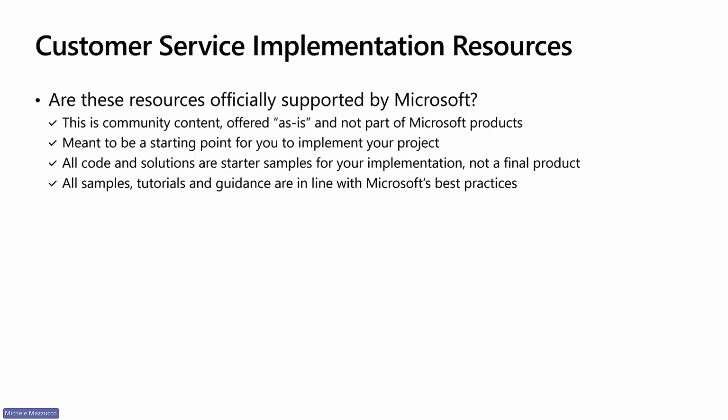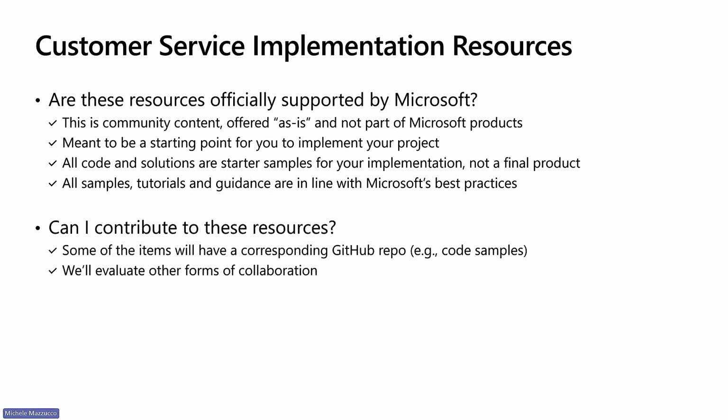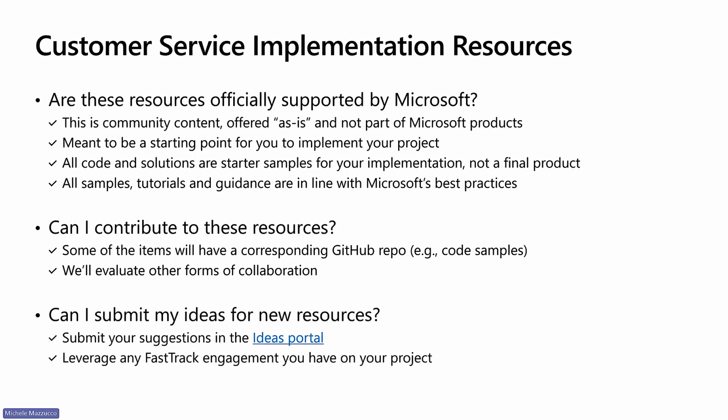When you decide to use these resources, you will use them as a reference or guidance to build your own solution. All the articles are published in our Learn portal, which is curated by Microsoft. However, some resources will have a corresponding GitHub repo to host code samples and starter solutions. We will also evaluate additional collaboration opportunities in the future. You can forward your proposals through the Ideas portal, which is one of the sources we evaluate for new deliverables.